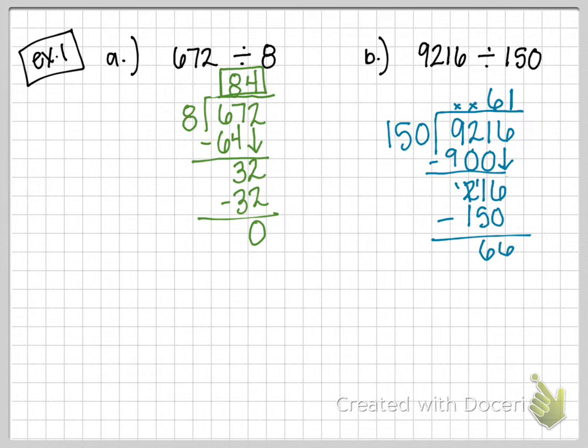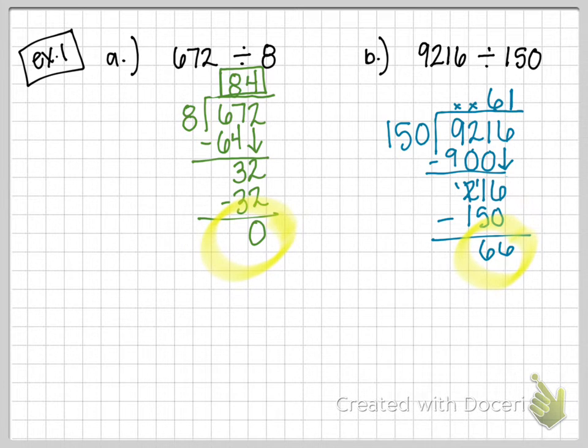66. Okay? Now notice, in this problem, we ended up with 0. And that meant we had no remainder, so our answer is a whole number. Now in this case, we have a remainder. So we have to write our answer as a mixed number.